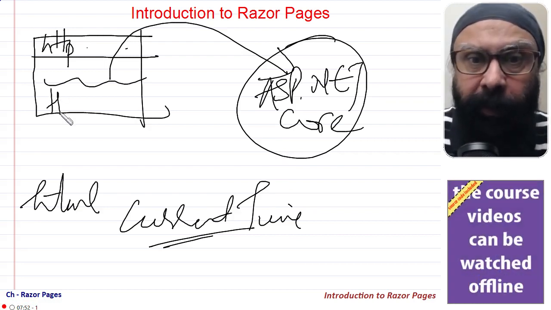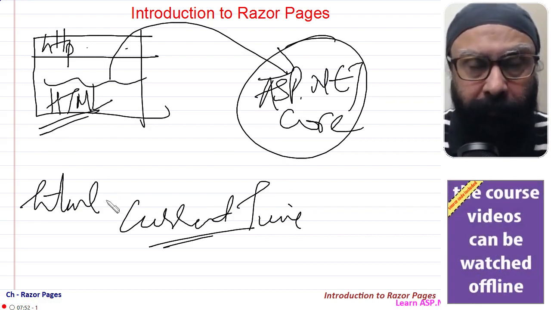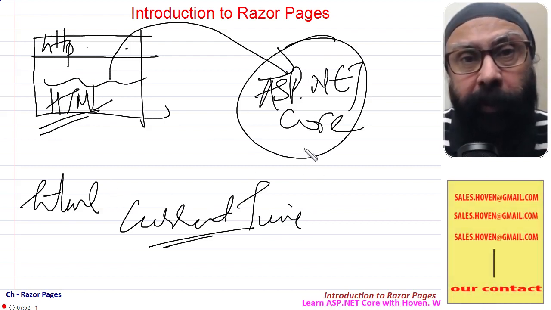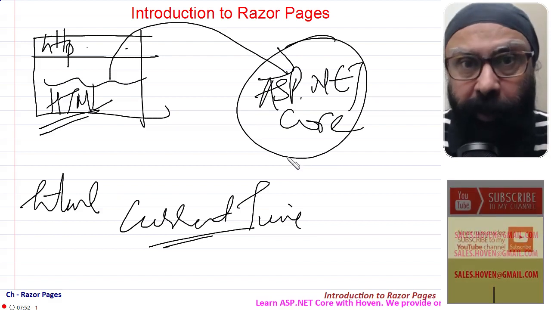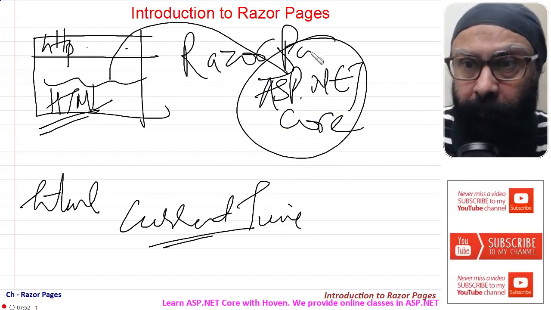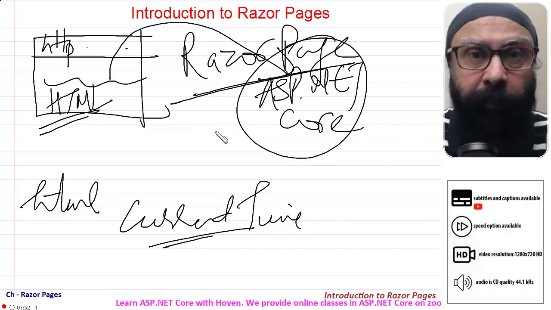Your browser understands HTML only. The file that will send you the processed output is called a Razor page.